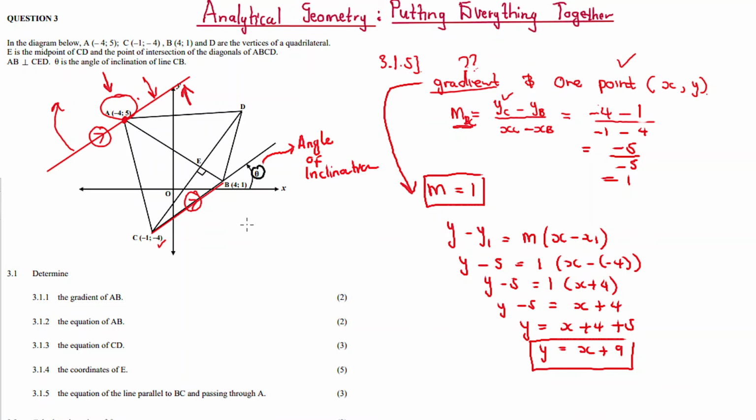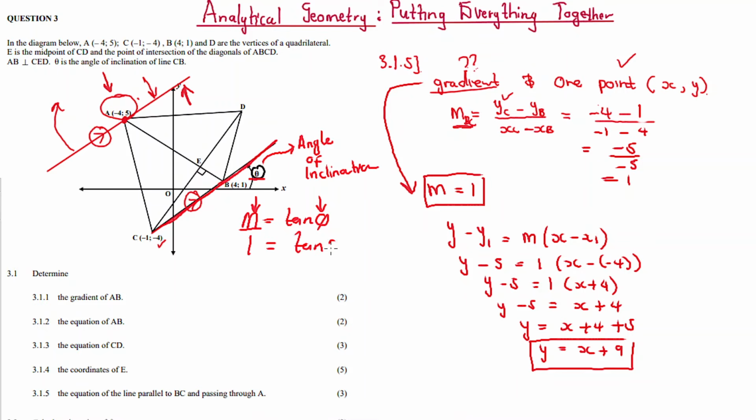So angle of inclination is calculated as what? Gradient equal to tan theta. So theta is the angle of inclination. M is the gradient. So this angle of inclination is created by the line A and BC, right? In order to get the angle of inclination, I need the gradient for line BC. It's 1.